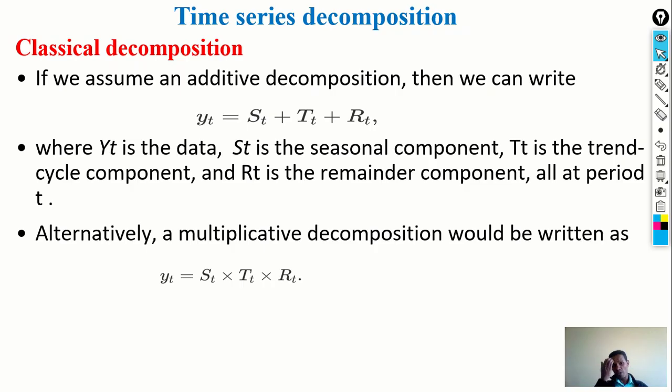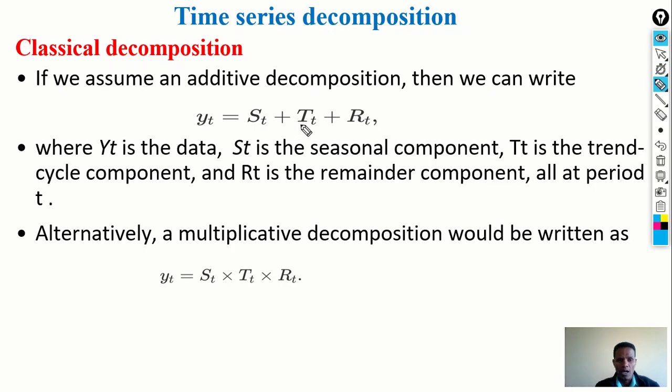So if we are assuming an additive decomposition method, then we can rewrite the decomposition of an outcome variable y at time t as y_t equals S_t plus T_t plus R_t, where y_t is the measured data at time t, S_t is the seasonal component, and T_t is the trend cycle component.